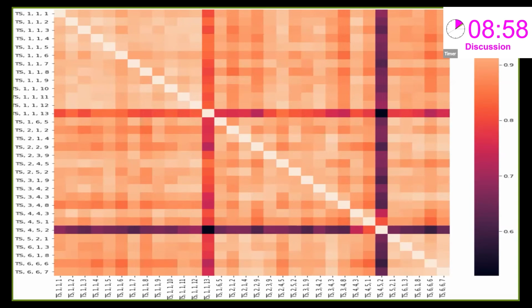The last point that I want to point out in this heat map is that chapters 1111 and 1112 have a slightly lighter color compared to the other chapters here. This area has a slightly lighter color, which indicates that chapters 1111 to 1112 are similar to each other.